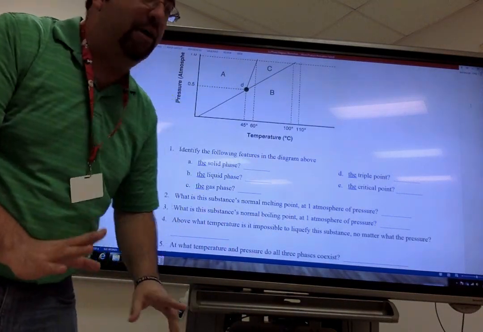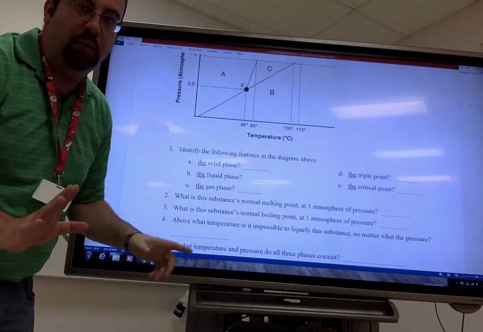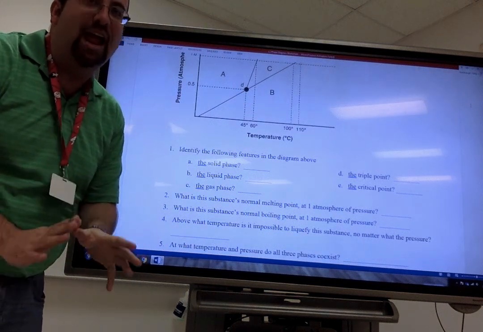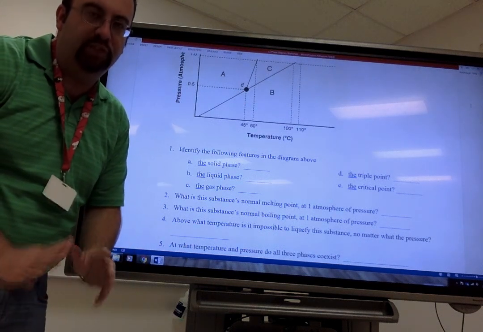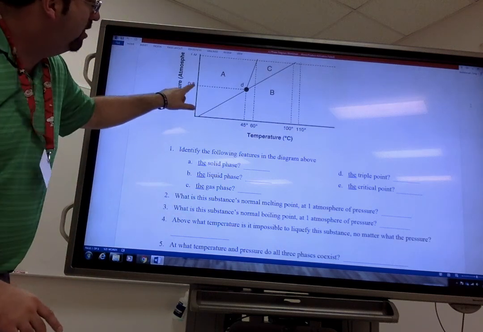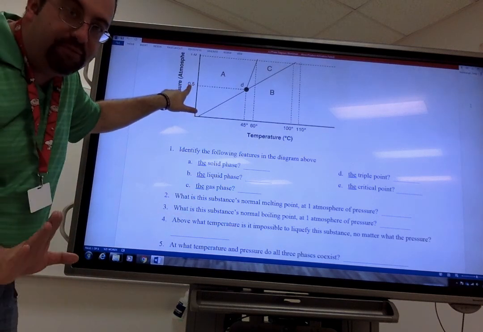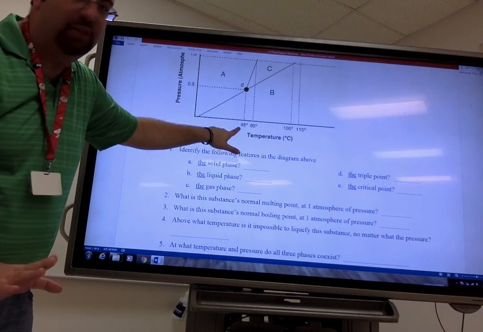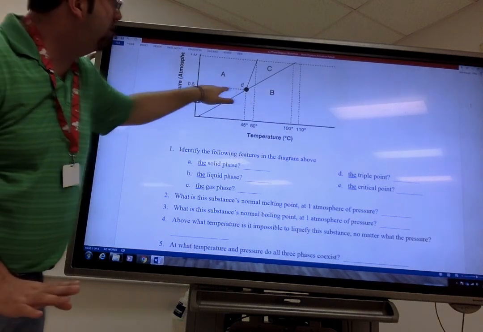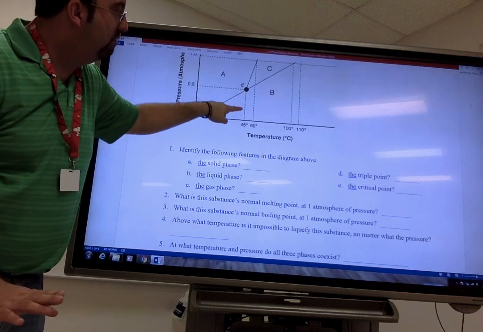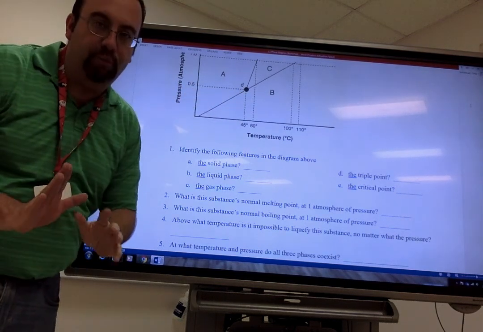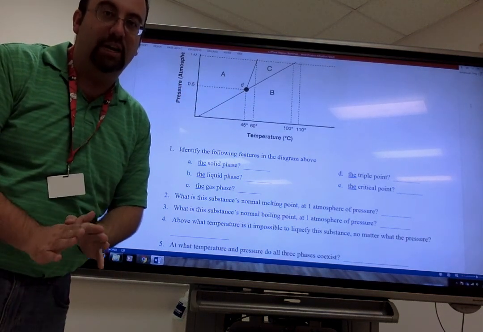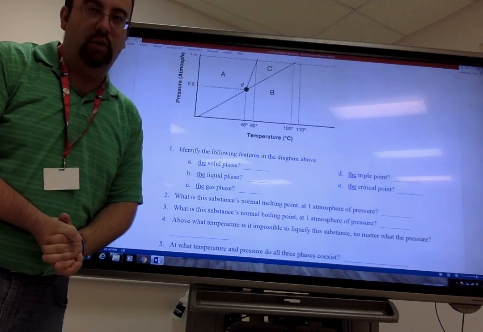And so again, that would be point D. And so we have to give both the pressure and the temperature in order for this to be correct. And so notice the triple point is going to be at 0.5 atmosphere and at 45 degrees Celsius. And so both of those numbers are needed along with their units to answer that question.